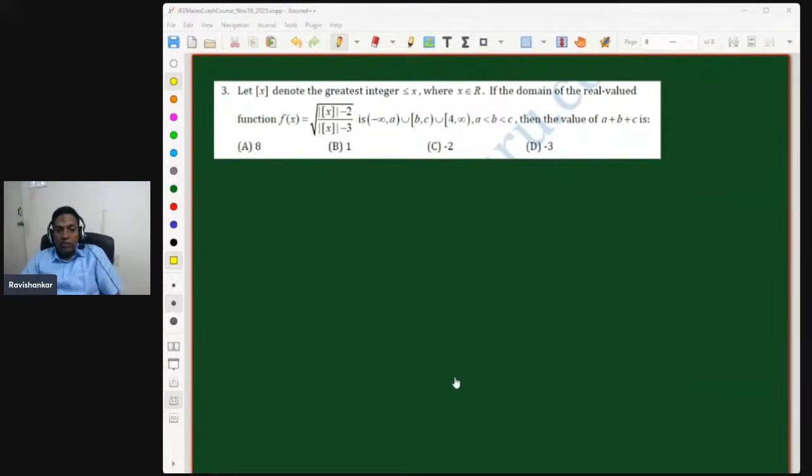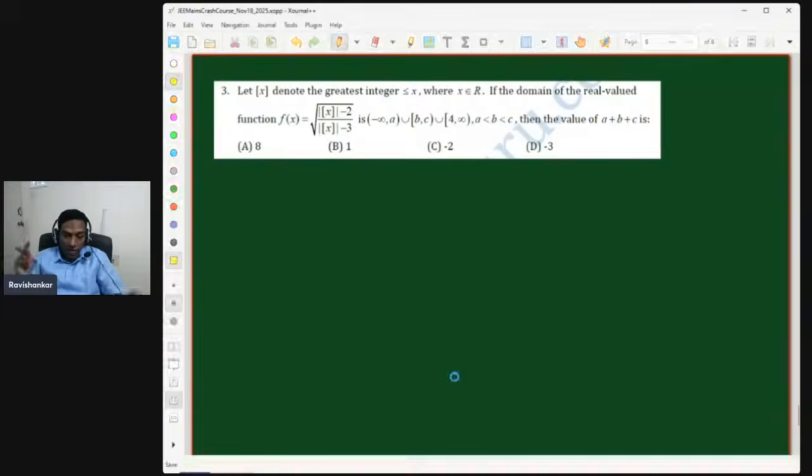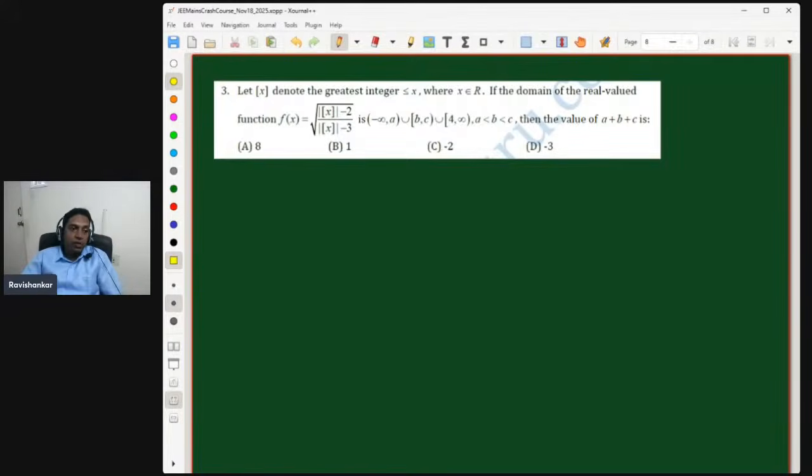Okay, if you are stuck with question 3 and unable to proceed, then I will give you a hint. Let mod of greatest integer x be t, then you can write the given function as some root of t minus 2 by t minus 3.